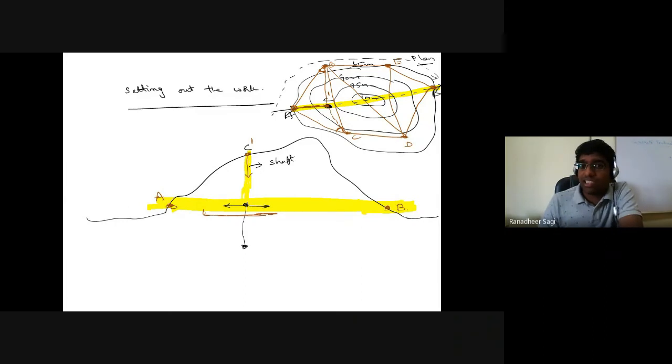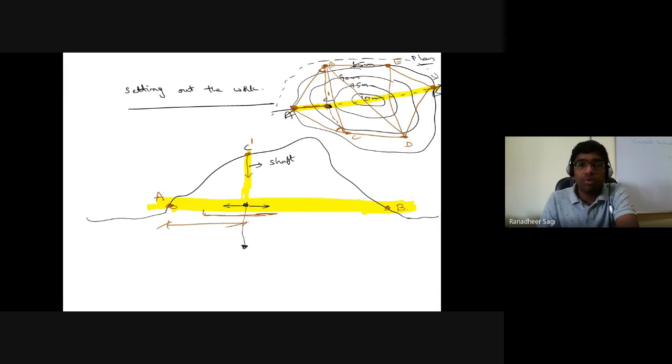Once the AC dash length is known, and if I can find the RL value of that C dash point on the hilly region, because the contour map for that region is known, or the RL value of C dash determined by a leveling process or whatever technique, then for this much horizontal distance, with that slope existing along the tunnel, we'll understand what depth of excavation I should carry out at C dash point.